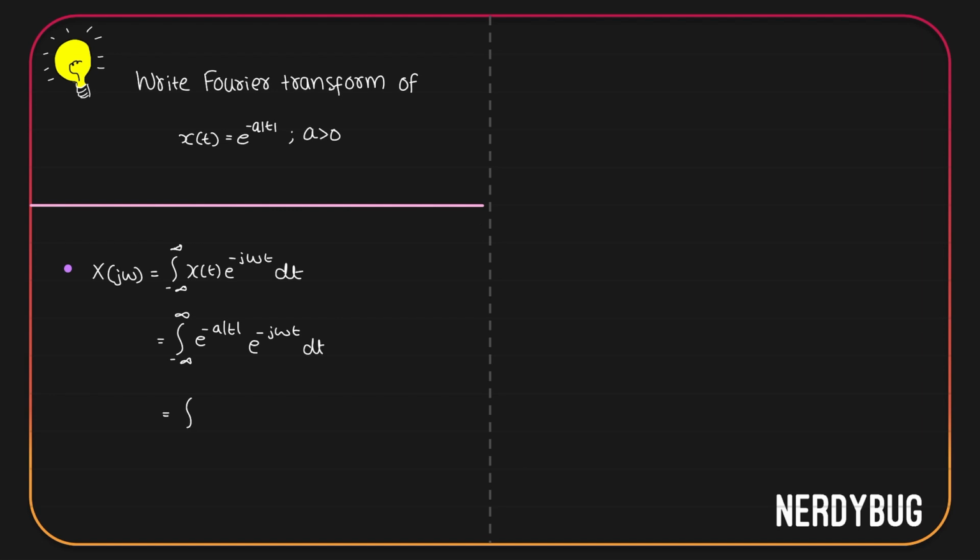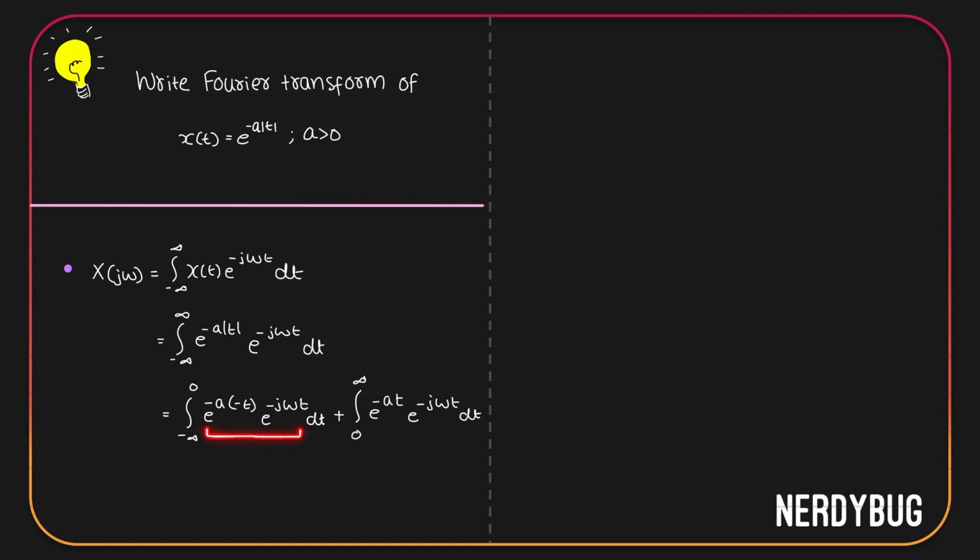So we get integral from minus infinity to 0 e raised to minus a when t is negative, mod t is minus t e raised to minus j omega t dt plus integral from 0 to infinity e raised to minus a. When t is positive, we can just take t e raised to minus j omega t dt.